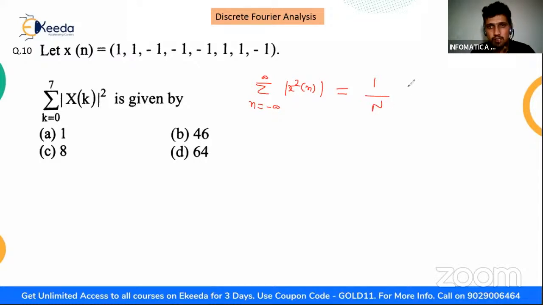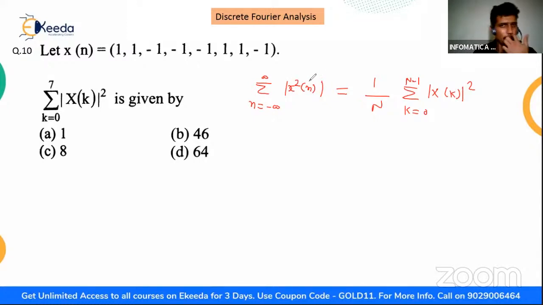Suppose we are considering, in that case, the summation k equals 0 to N minus 1 of the magnitude of X[k] squared. This is given like that.